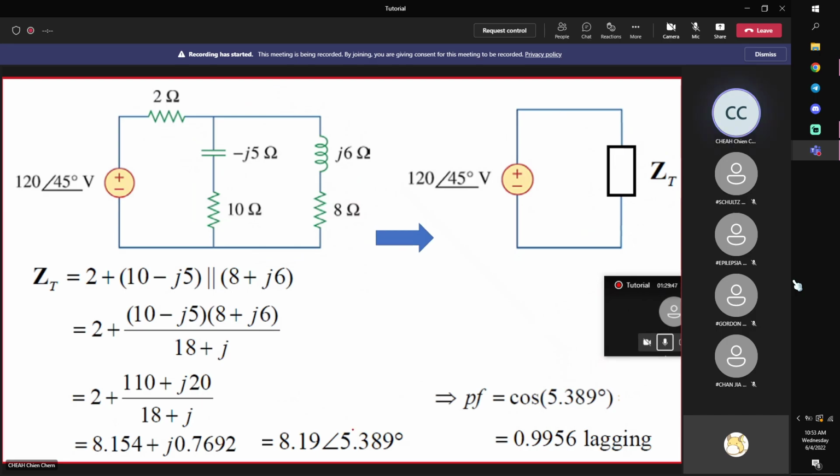Now, take note that the phase angle of your impedance can be used to calculate your power factor. In fact, your power factor is the cosine of this angle. Why this is so is because this is just Ohm's law.